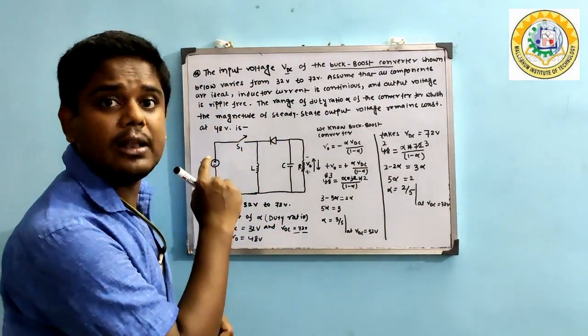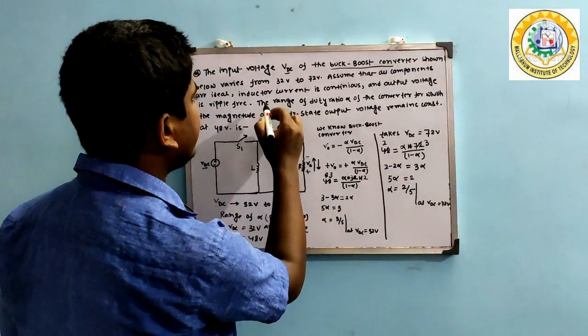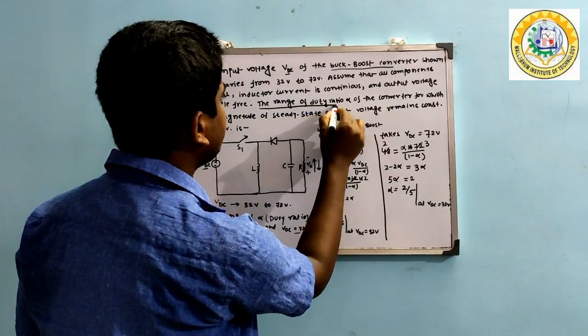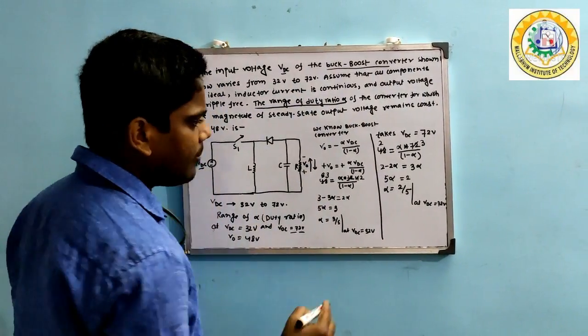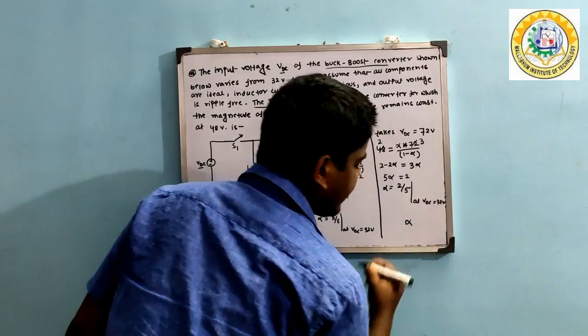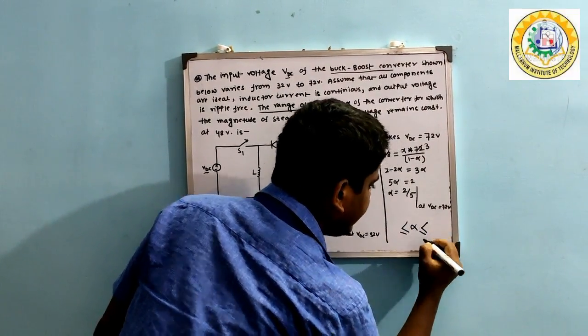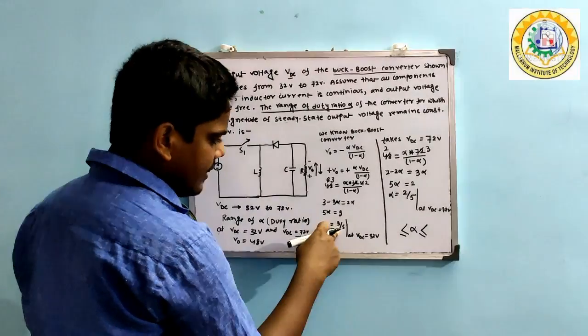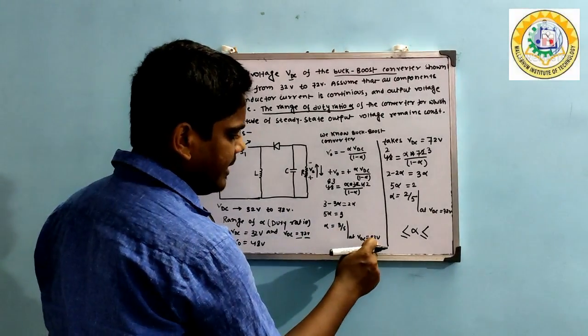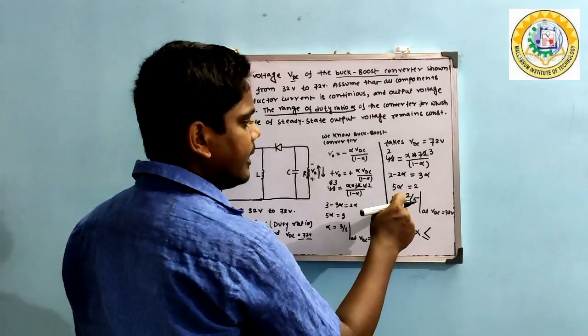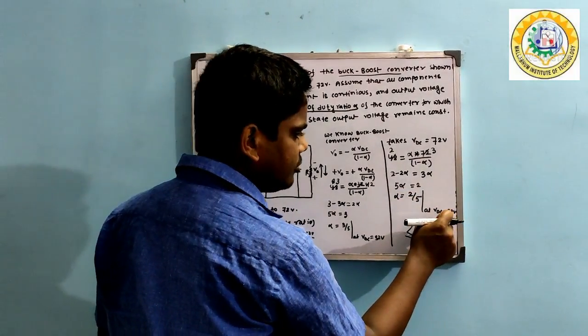So we calculate the range of duty ratio alpha. Alpha is 3 by 5 when VDC equals 32 volt and 2 by 5 when VDC equals 72 volt.